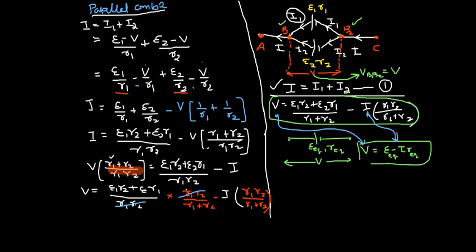Then we can conclude that this value must be E equivalent and this value must be R equivalent. Therefore E equivalent is equal to E1 R2 plus E2 R1 whole divided by R1 plus R2. This is the equivalent value of the cells connected in parallel.